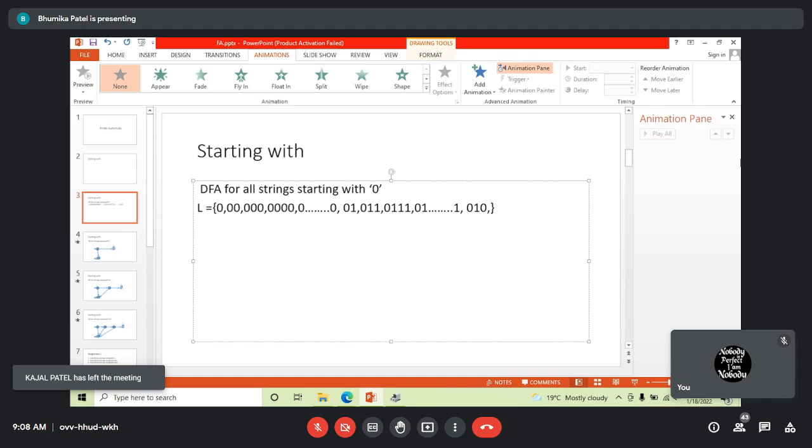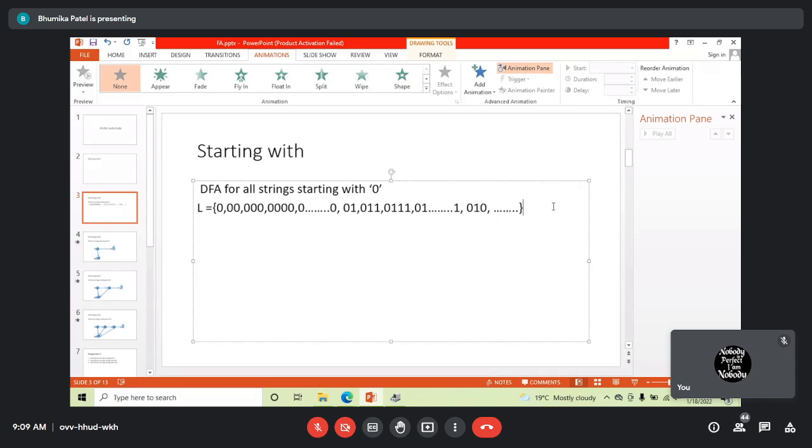But if I write 1, 0, should it be allowed? No, ma'am. So any string which starts with 1 should be rejected. After 1, whatever comes, 0 or 1 or nothing, it should be rejected. But if my string has started with 0, anything after that must be accepted. Clear?